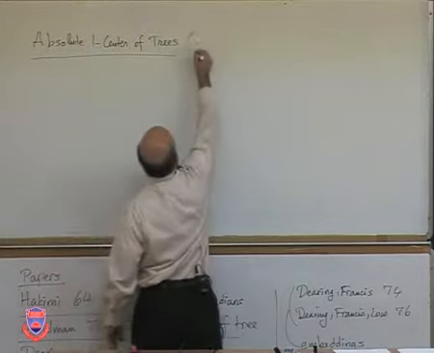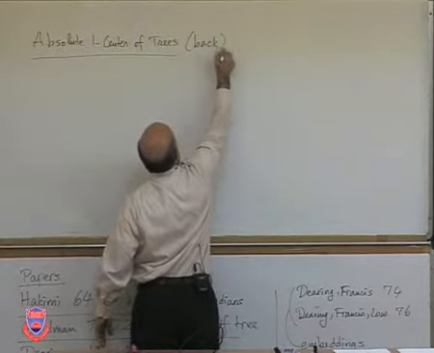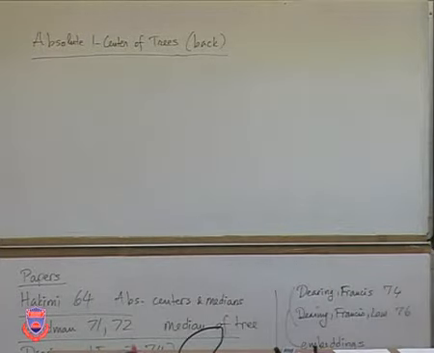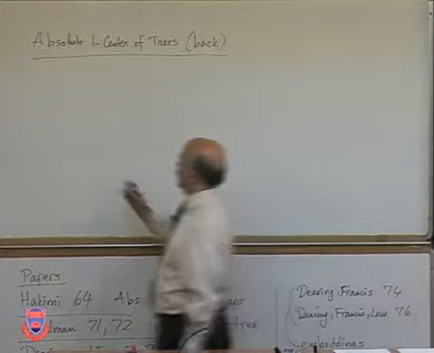So, we had started out with the discussion of the absolute one center of trees. We sidetracked, we looked at the neighborhood material, and now we're back to the absolute one center.